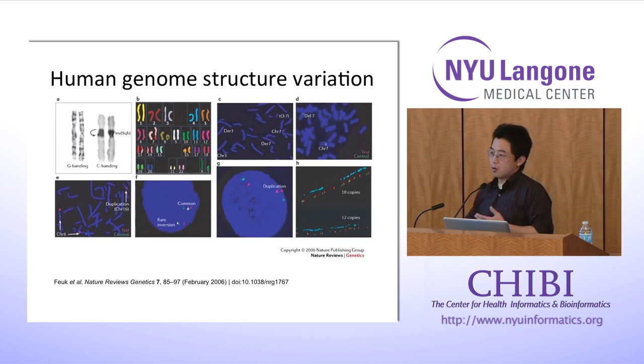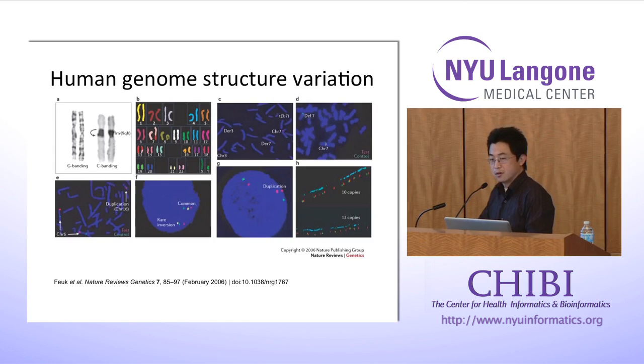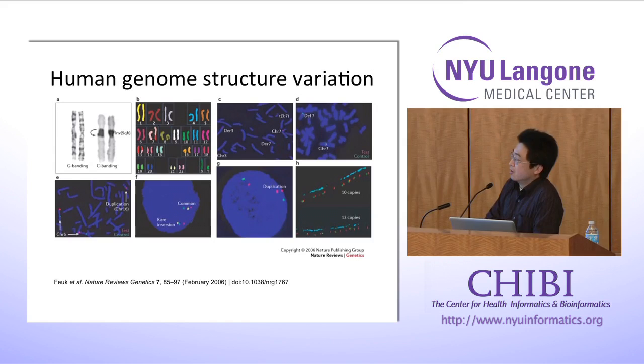And these are common polymorphism variants. For rare non-polymorphism variants, those are usually associated with cancer genesis and also cancer progression.